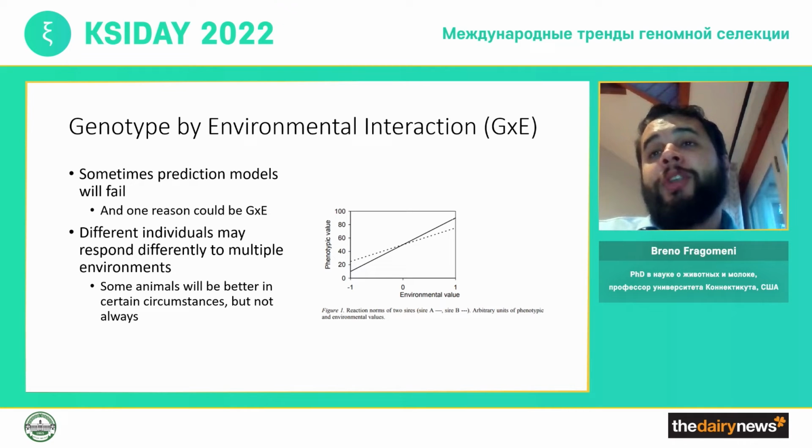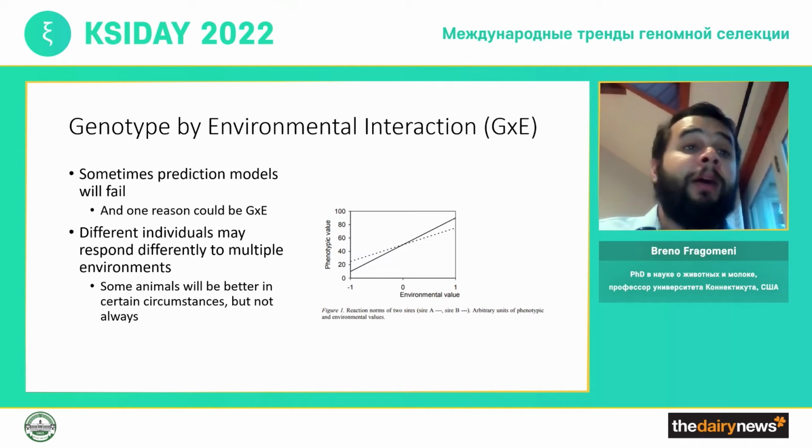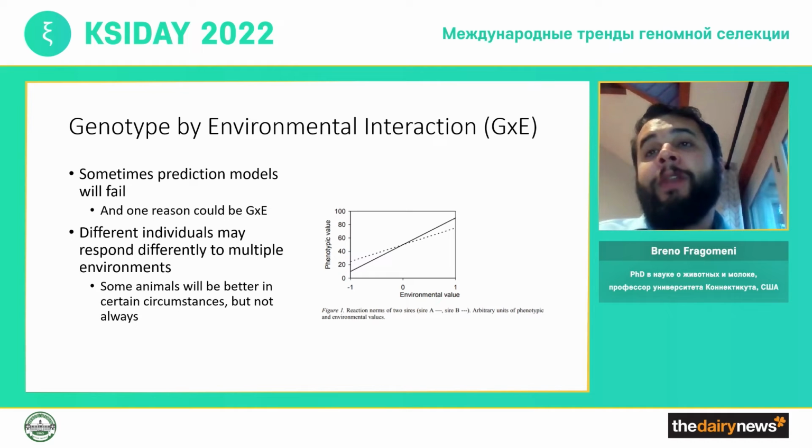Therefore, when we get a genetic evaluation, we get much more information from California than from here. So we are basically using animals that are better from other regions. And we are not really sure if those animals are also going to be the best animals here. Diet. If we feed animals different diets, they may perform differently.